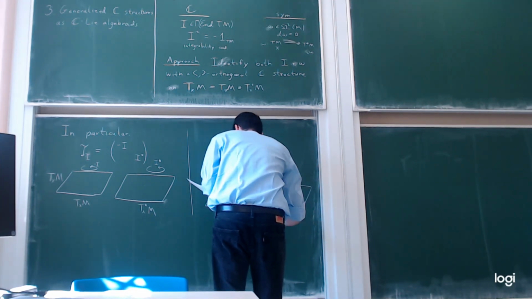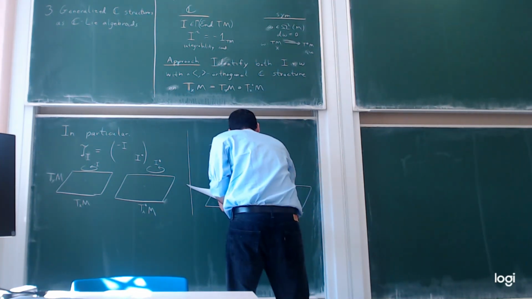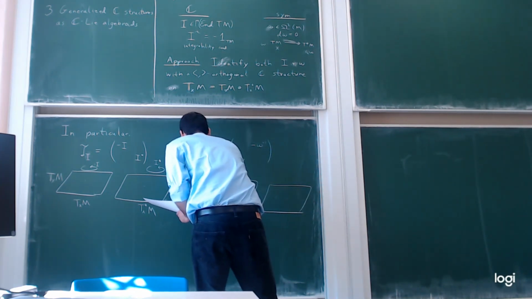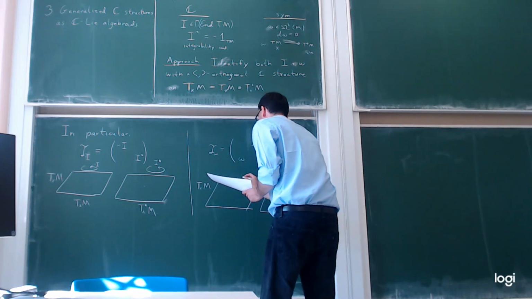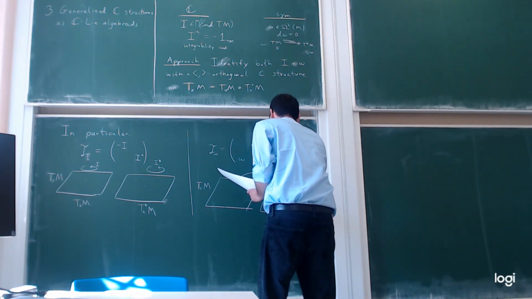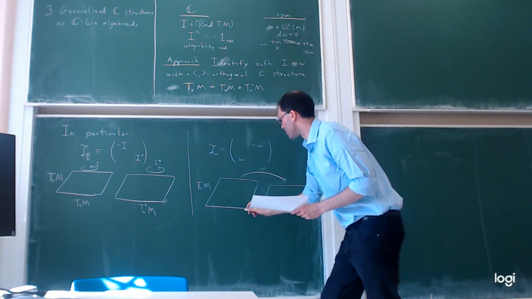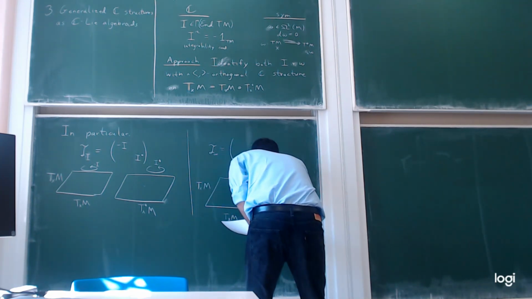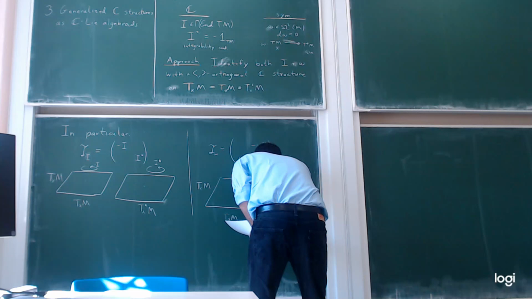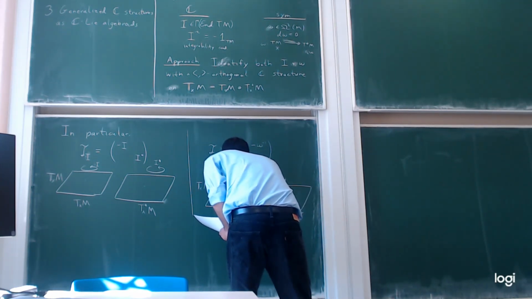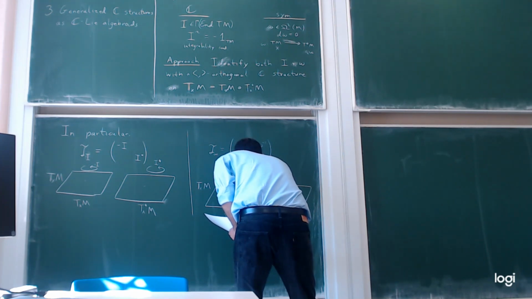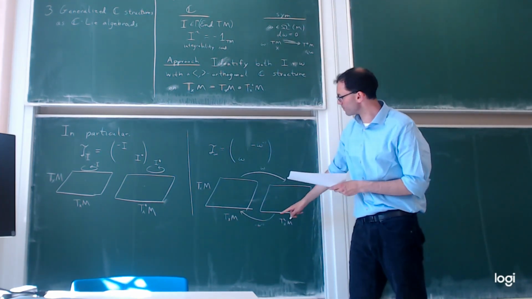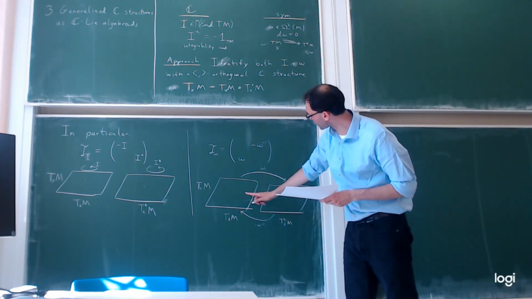And so the illustration here is that omega is mapping us from the tangent fiber to the cotangent fiber, and negative omega inverse takes us back.